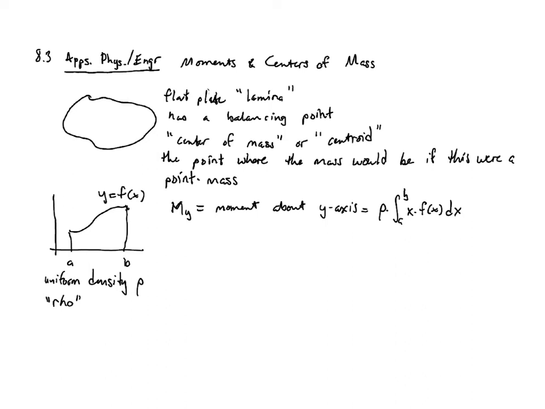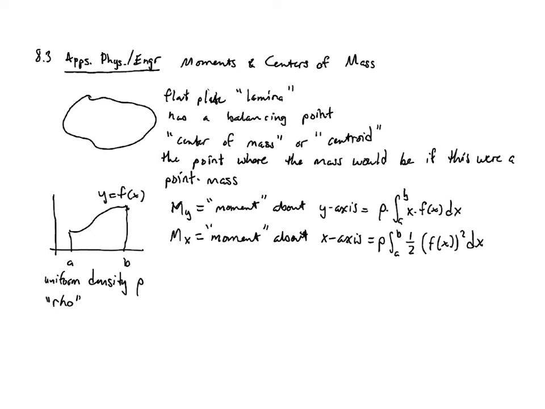And m sub x, which is the moment about the x-axis, is given by a similar formula: multiply by rho, take the integral, but it's the integral of 1/2 f of x squared dx. And the term moment is not as in a moment in time, but there's a physical notion of a moment that we'll discuss when we explain the derivation of these formulas.